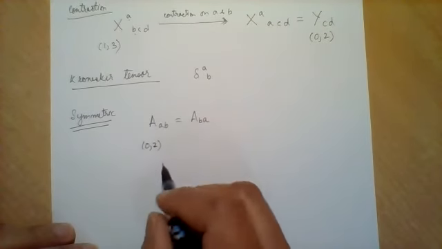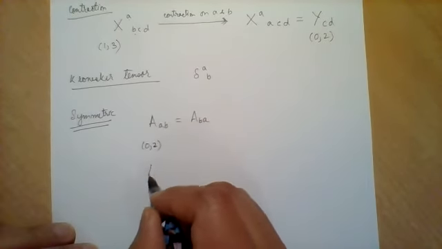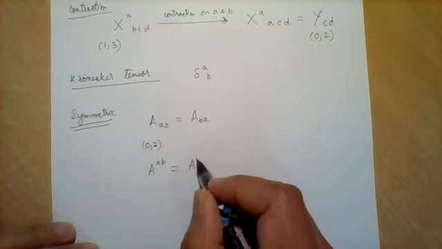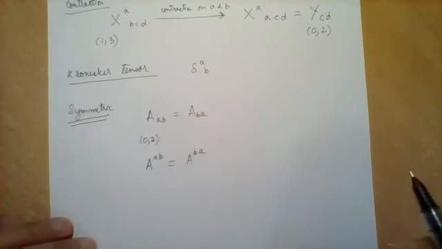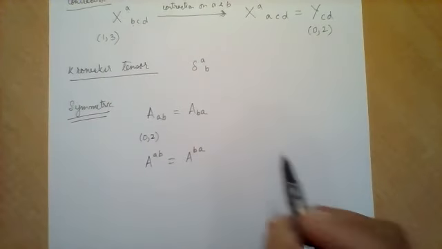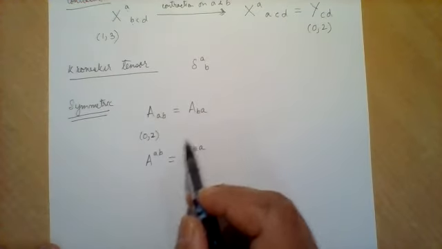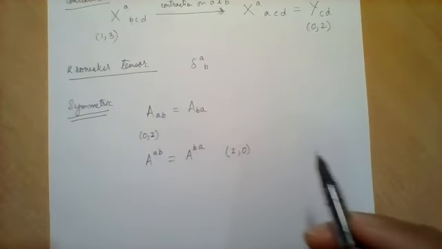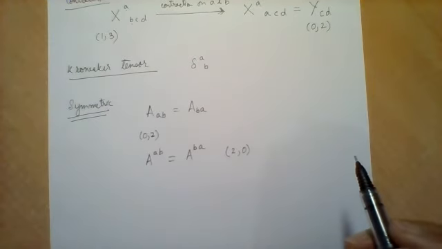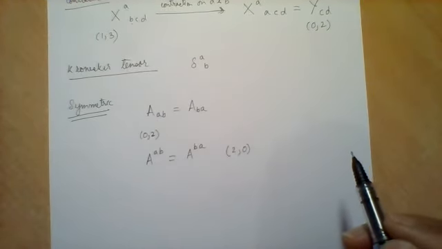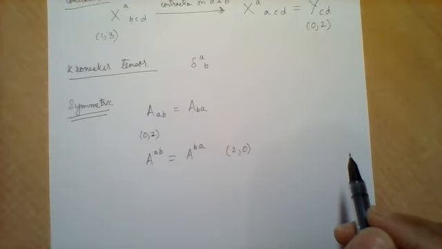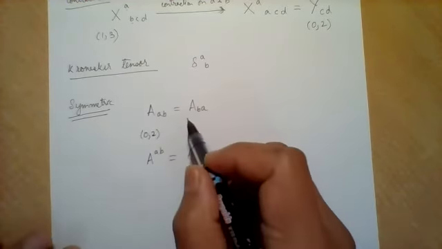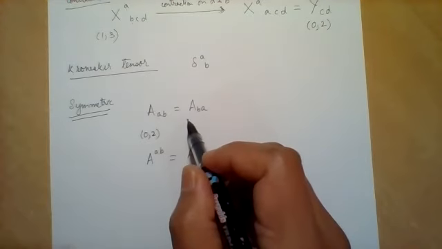Similarly, for a symmetric tensor of type 2 0, A^AB is equal to A^BA. So this is a symmetric tensor of type 0 2. This is a symmetric tensor of type 2 0. For a symmetric tensor, how many independent components will there be?